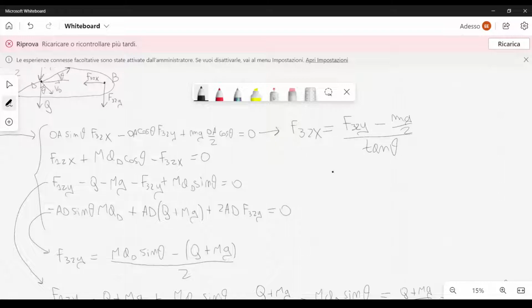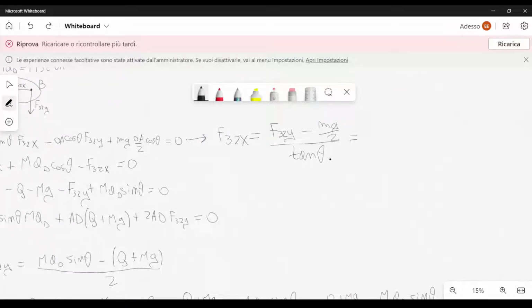So you can rewrite it in this manner. And we have found the expression for f32y. So we can rewrite this expression like this. We have mad cosine theta over 2 minus Q plus mg over 2 tangent theta minus mg over 2 tangent theta.